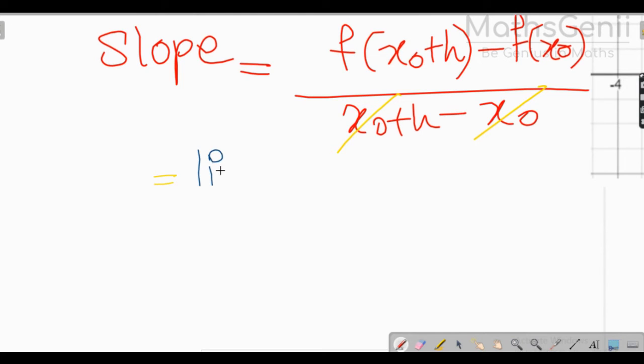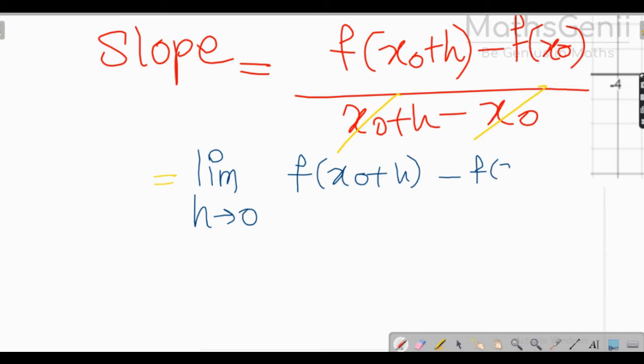So limit h tends to 0, f of x naught plus h minus f of x naught upon h.